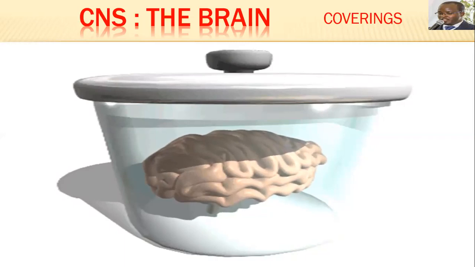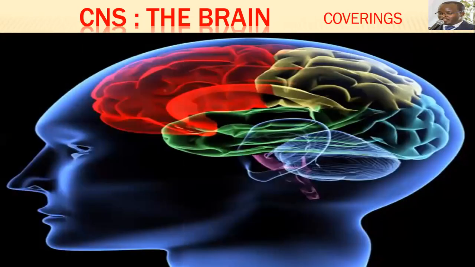Within the cerebrospinal fluid, you also find nutrients that are provided for the neuronal cells to function. The brain is divided into certain parts or locations. There are 4 major lobes of the brain: the frontal lobe, the parietal lobe, the occipital lobe, and the temporal lobe.